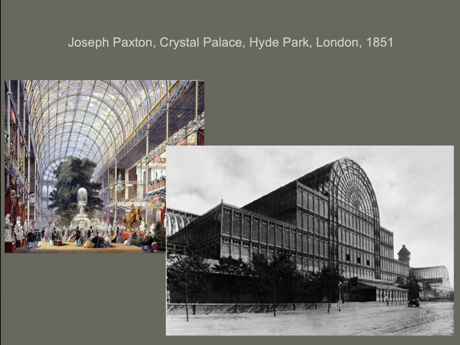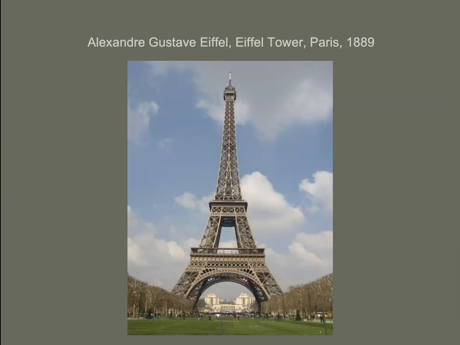It was made from prefabricated modules, and it was erected in only 16 weeks because of that prefabrication. It's interesting because this really doesn't have any borrowing from earlier styles, so it's kind of creating its own look. The Eiffel Tower is also cast iron construction, but it's just the skeleton. We don't have any skin on it, any sheathing.